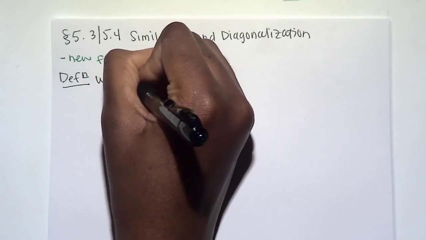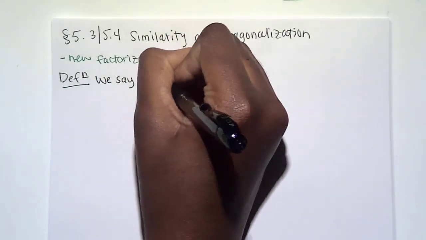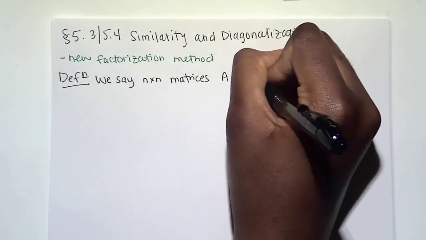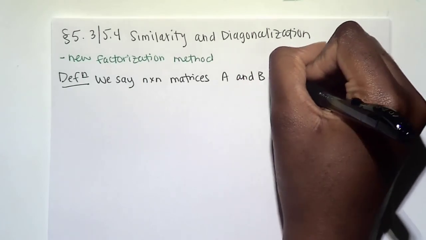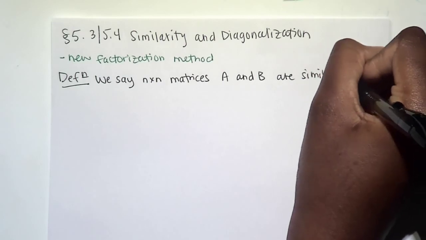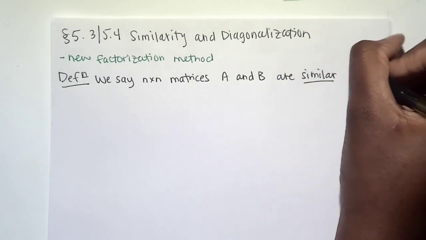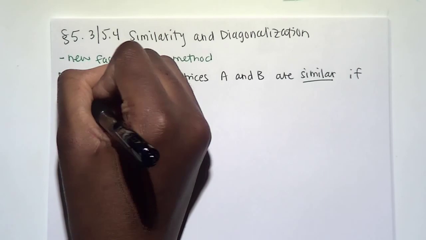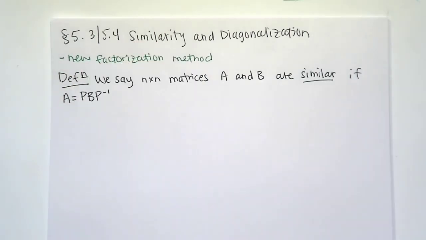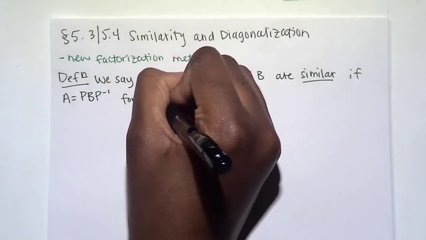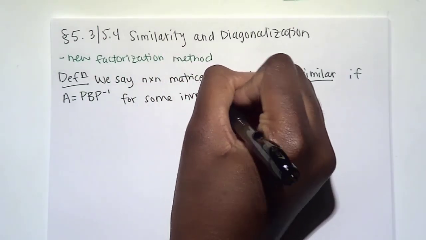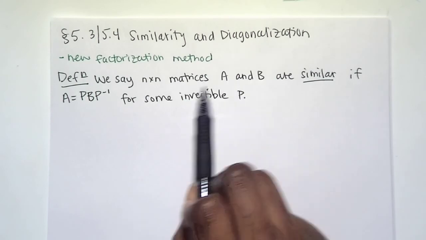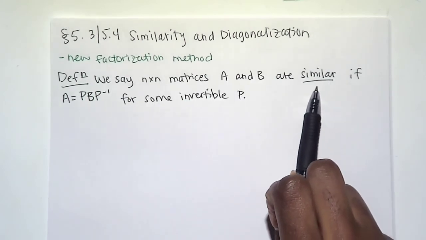We say n by n matrices A and B are similar if we can write A equals P B P inverse for some invertible P. Let's note here, both A and B have to be square matrices to be categorized as similar.